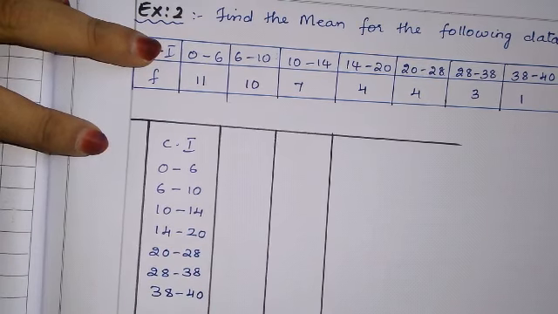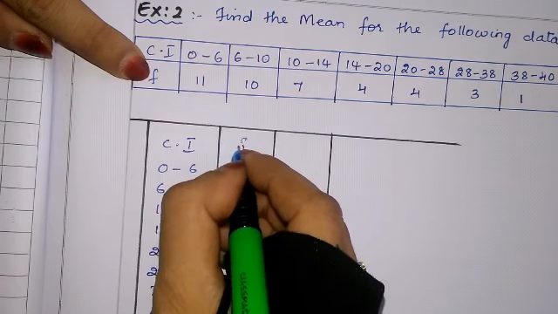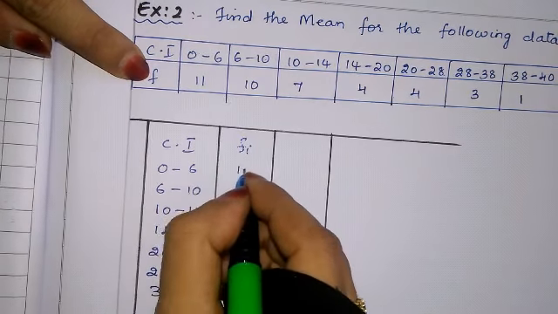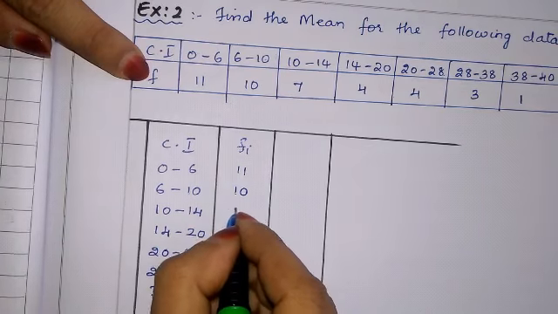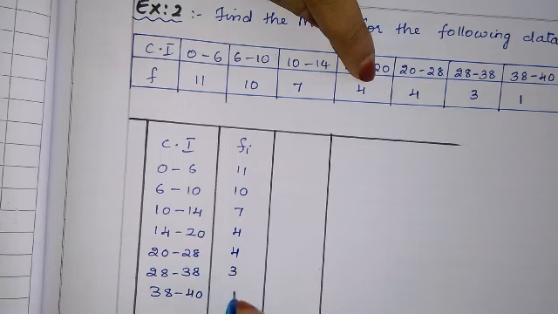This is the given question, and f will be written as fi, that is 11, 10, 7, 4, 4, 3, 1.